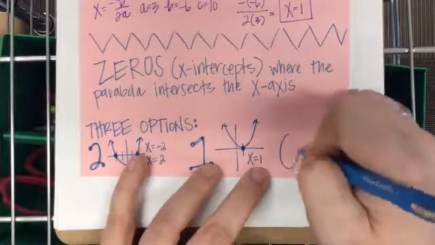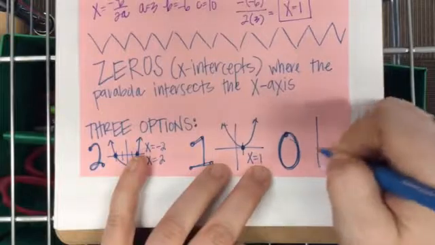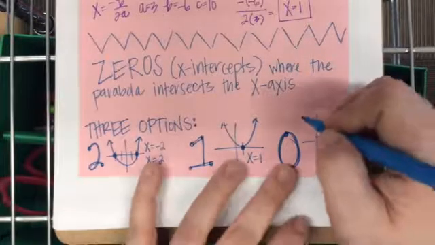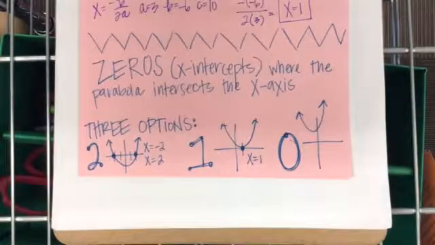How can a parabola have 0 intercepts? How can it not touch? It's above it. Yeah. Or below it, going down.